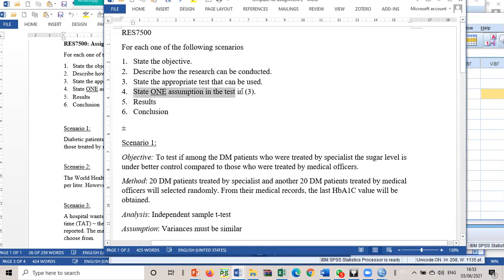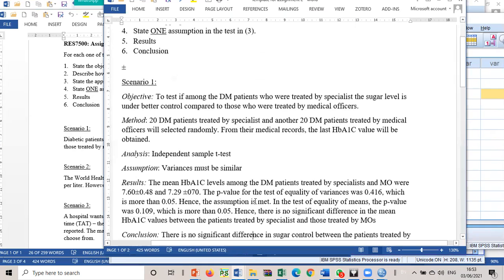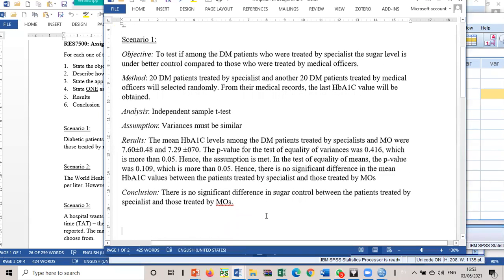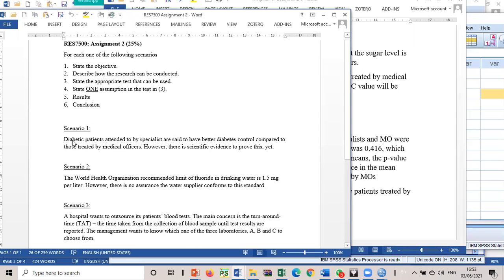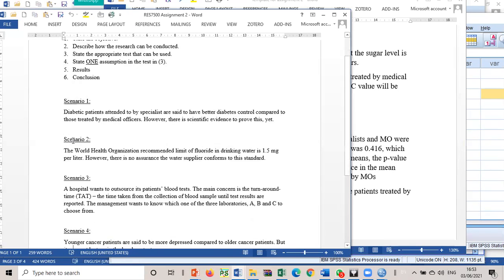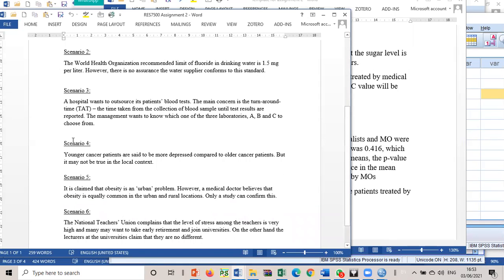Check whether the assumption is met or not, and go ahead with your actual objective testing. And finally, write the conclusion. So there are 6 scenarios, out of which I've already done 1. You continue doing all the 6. So that's assignment number 2.